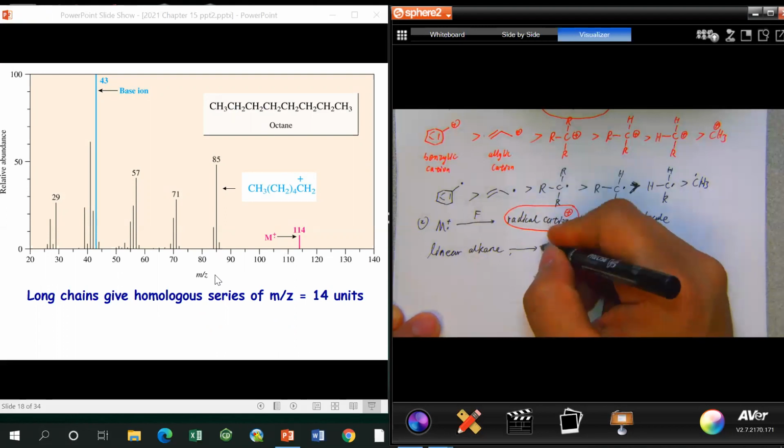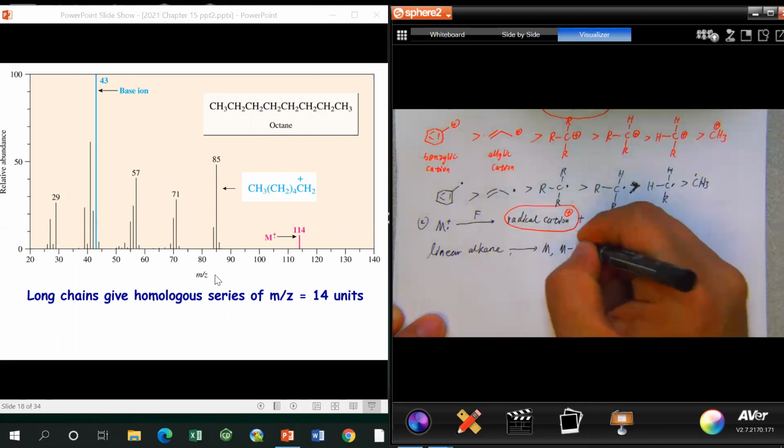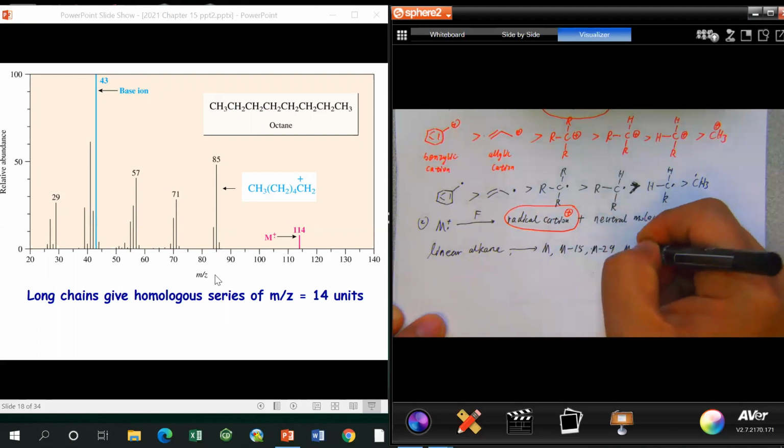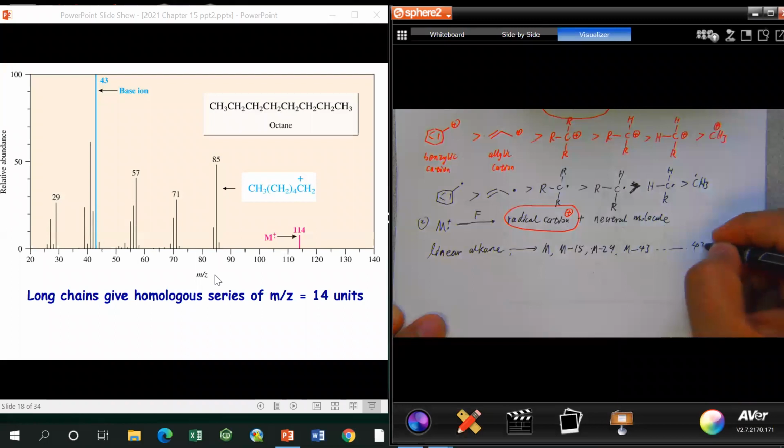So quite often you see the M+ peak, and then M minus 15, and then M minus 29, and then M minus 43, and so on, until 43, 29, 15.